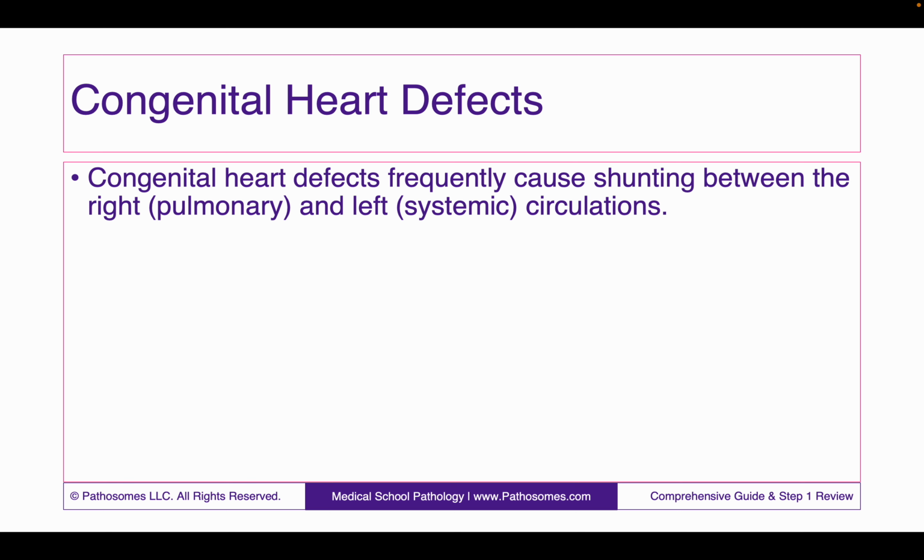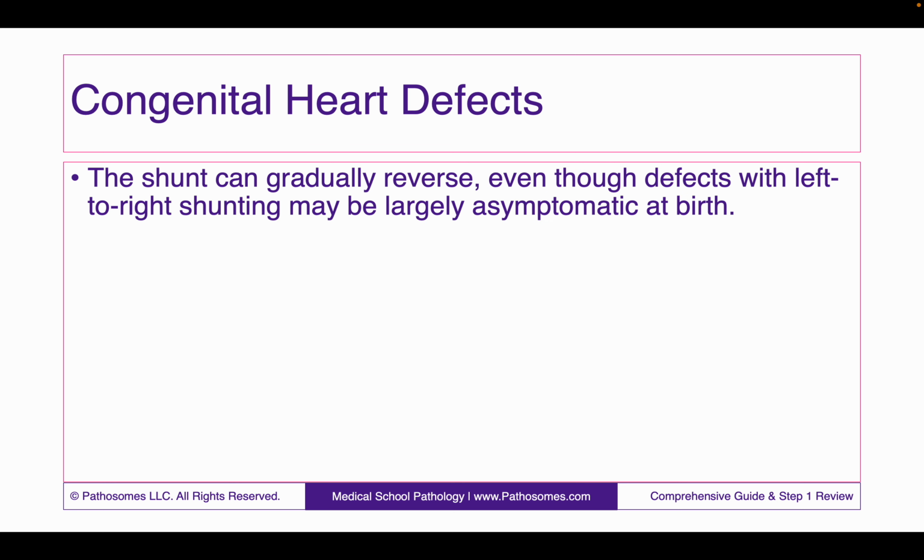Congenital heart defects frequently cause shunting between the right and left circulations, the right being the pulmonary circulation and the left being systemic circulations. The shunt can gradually reverse, even though defects with left to right shunting may be largely asymptomatic at birth.